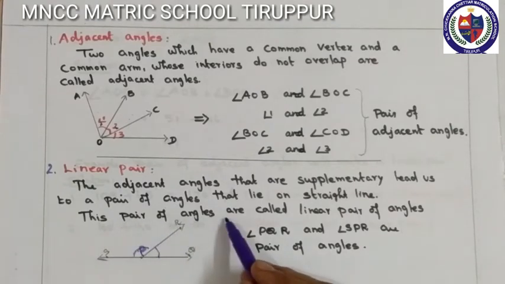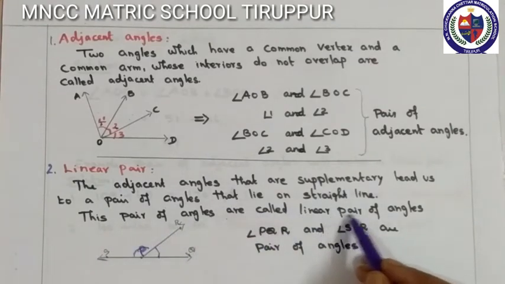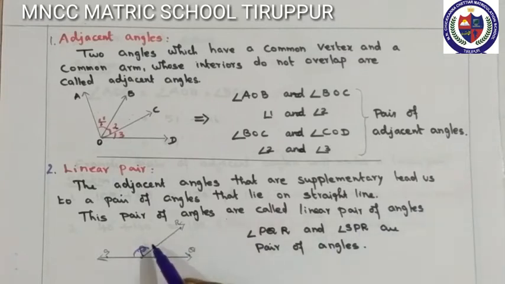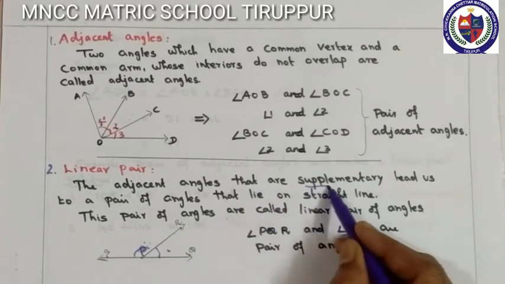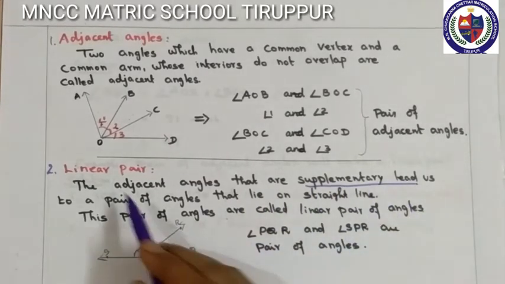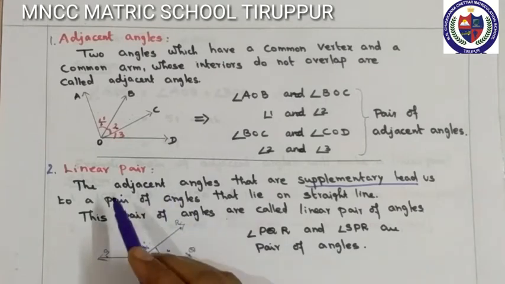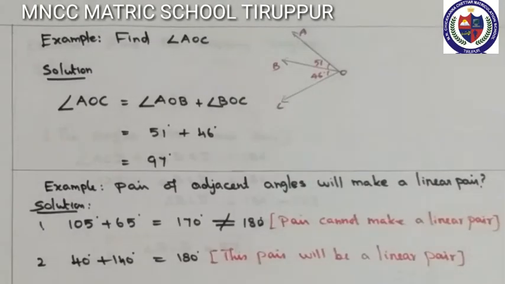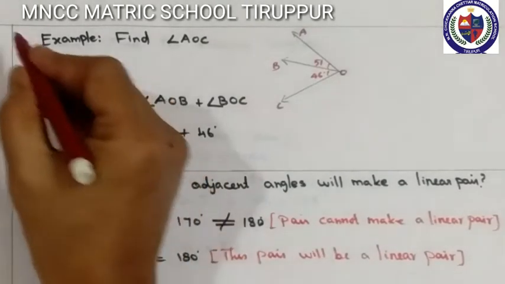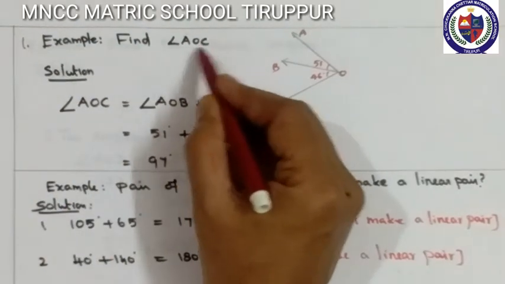This pair of angles is called a linear pair of angles. The sum of two adjacent angles that are supplementary is called a linear pair.